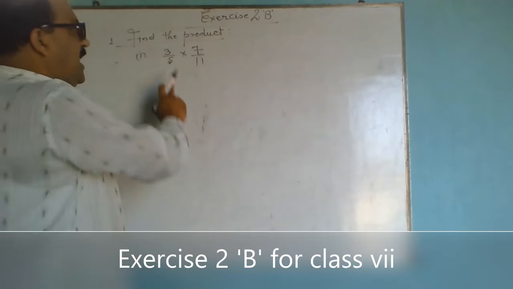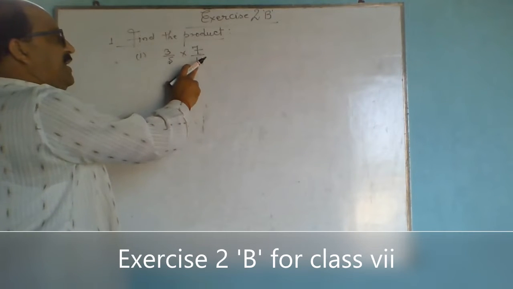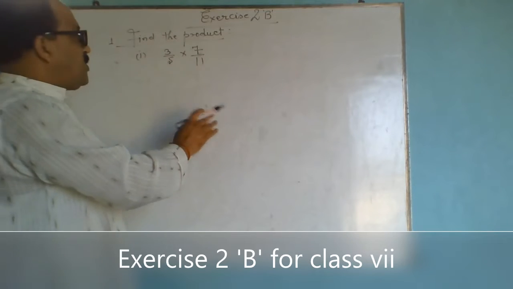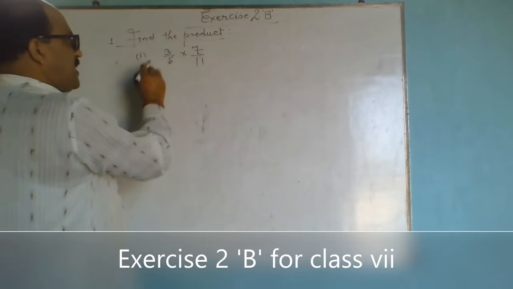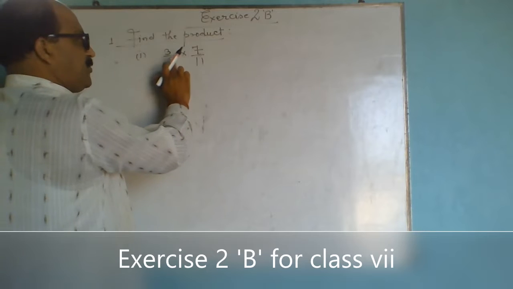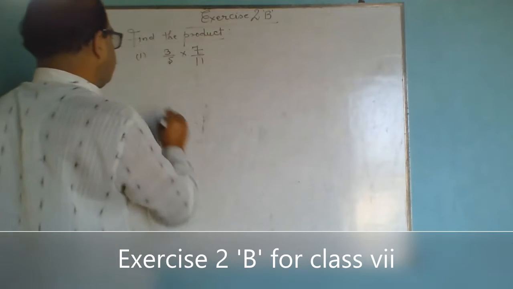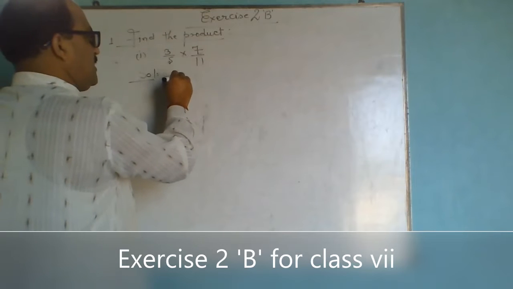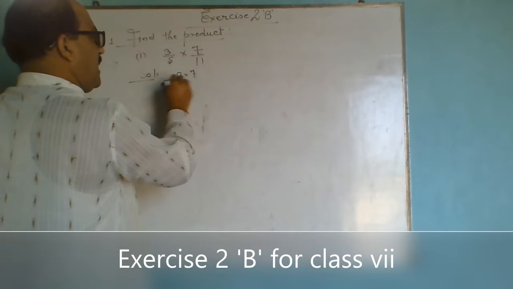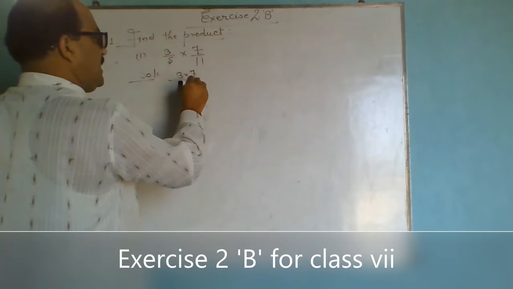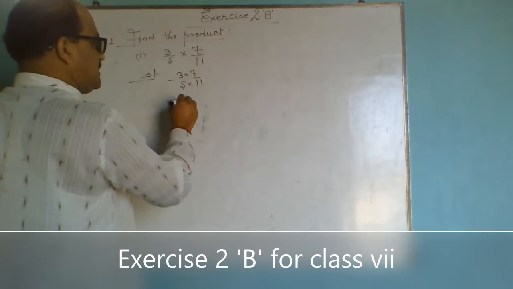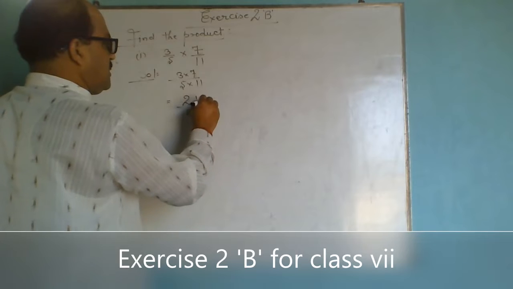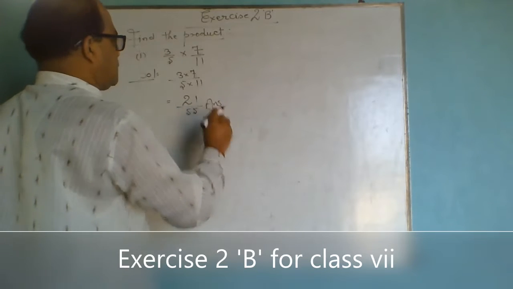If numerator and denominator are not divisible by one another, here we will multiply numerator to numerator and denominator to denominator. 3 into 7 by 5 into 11. 3 sevens are 21 and 5 elevens are 55. This is the answer.